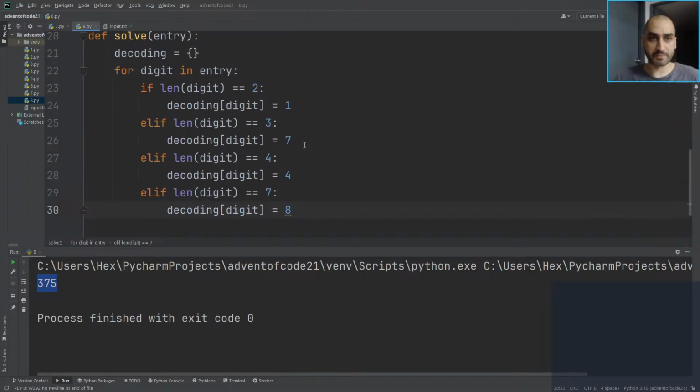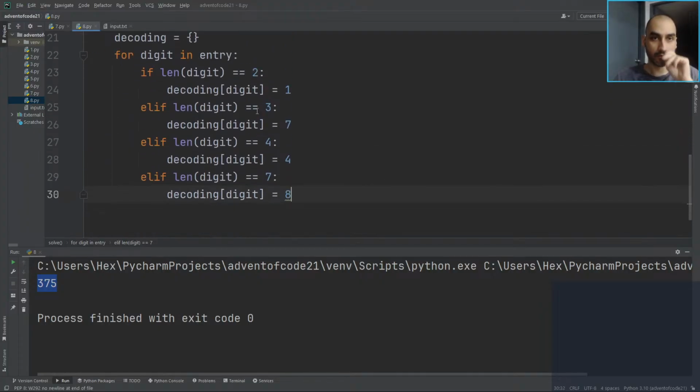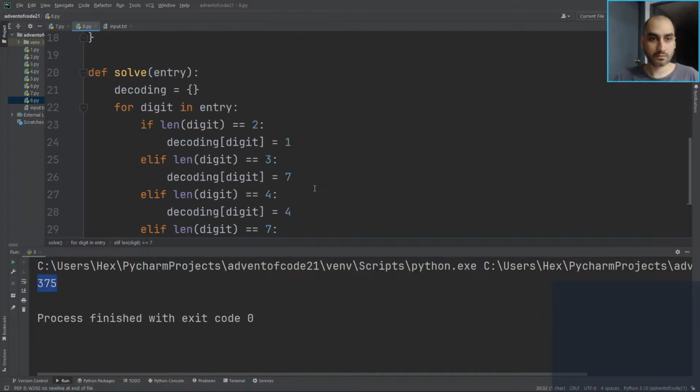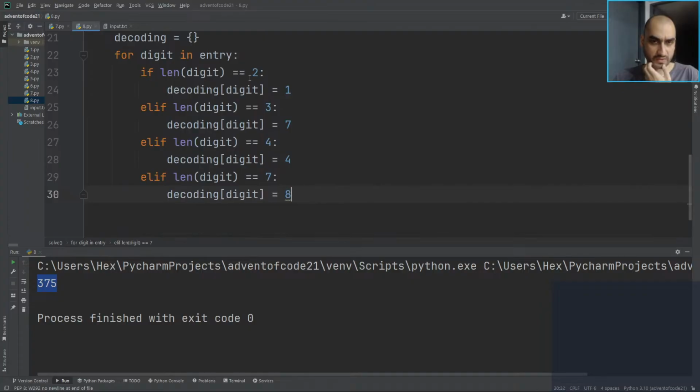Okay, so we do a first pass so that we know where the 1, the 7, the 4, and the 8 are. And then on the next pass, we should be able to work out everything else, given that we already know those.